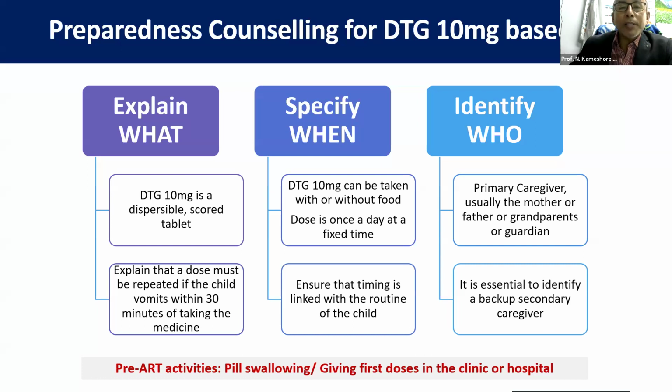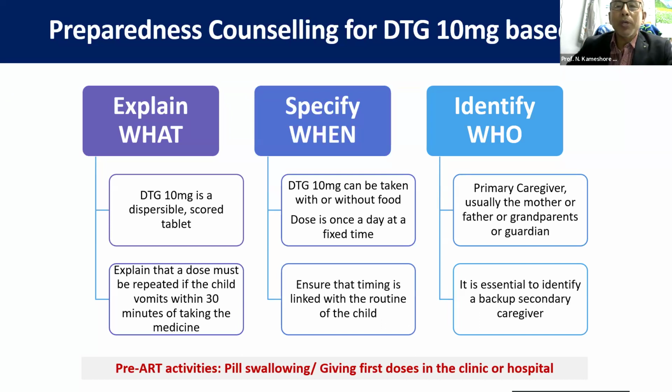Dose is once a day at a fixed time. And ensure that the timing is linked with the routine of the child as per the child's requirement. And we have to identify who is going to give the drug. So the primary caregiver should give the drug. Usually the mother is the primary caregiver.